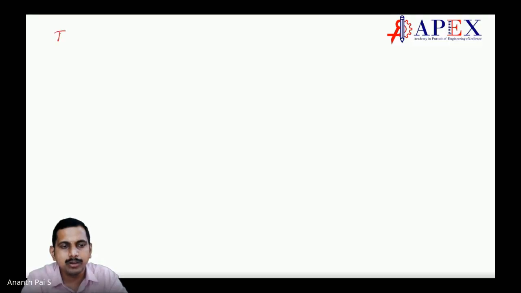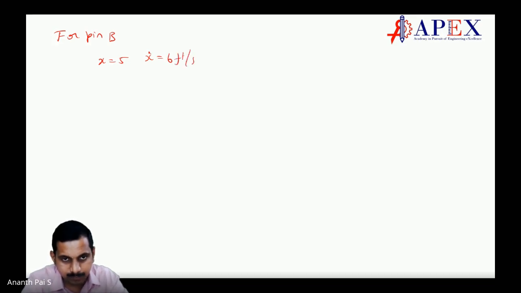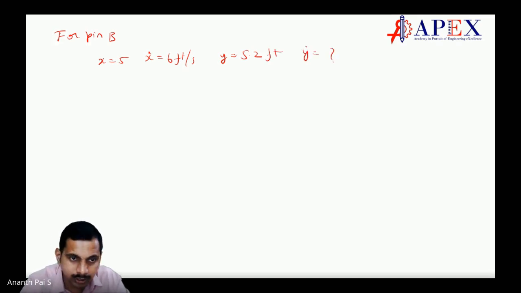Let us take pin B. For pin B, x is equal to 5, x dot is equal to 6 feet per second, y is equal to 5.2 feet, and y dot is not known. Let us find it out.